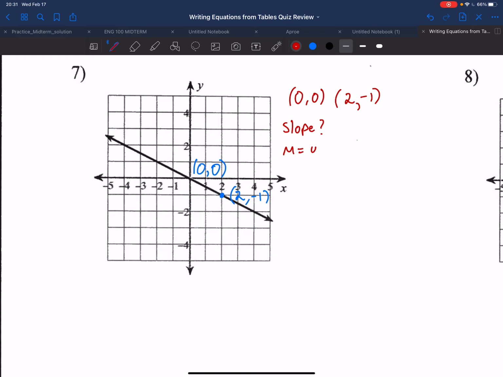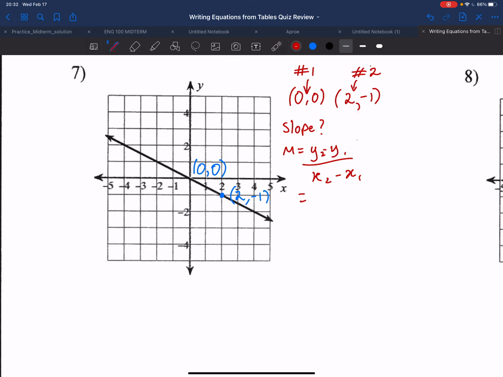I'm going to write this equation down again: y2 minus y1 over x2 minus x1. I'm not going to write the labels out with the x and y. I'm just going to call this the number 1 point, and this is number 2. So everything with the subscript of 2 goes with this second point.